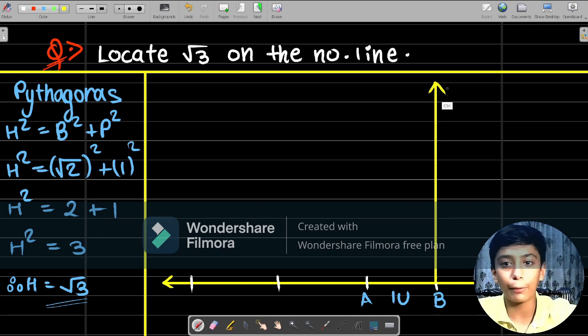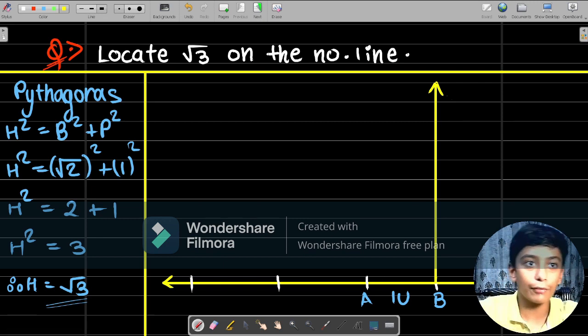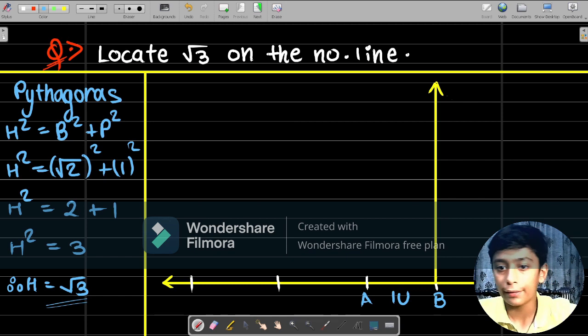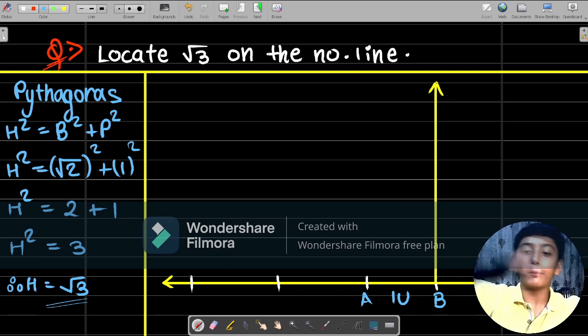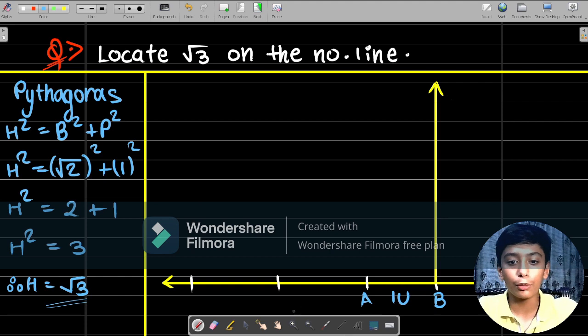Arrows are very important, because if you don't draw the arrows, your marks will be deducted. So I have written 1 unit. Now what you have to do to draw root 2? First A to B is 1 unit, and B to the point will be 1 unit also. So it is 90 degrees.